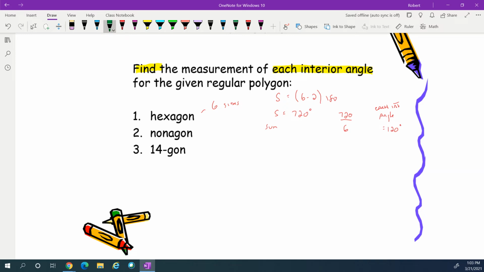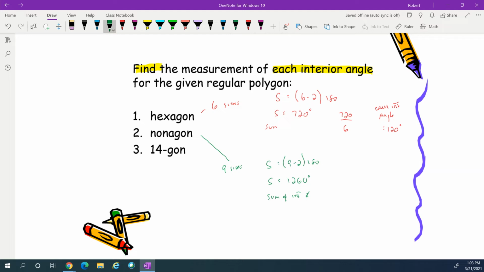Let's try that again. A nonagon is 9 sides. So the sum of the interior angles, 9 minus 2 times 180, is 1,260 degrees. Again, this is the sum of the interior angles.